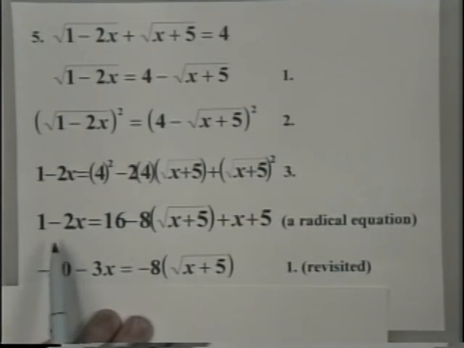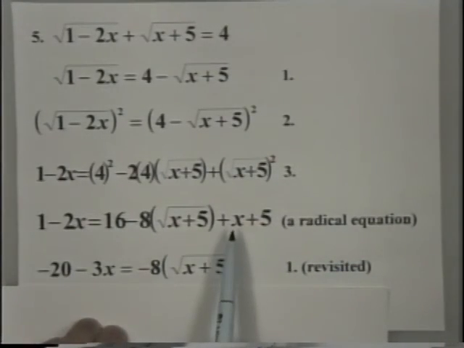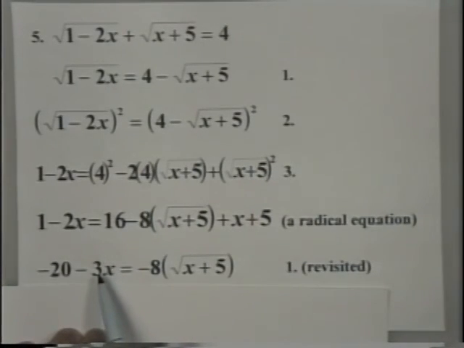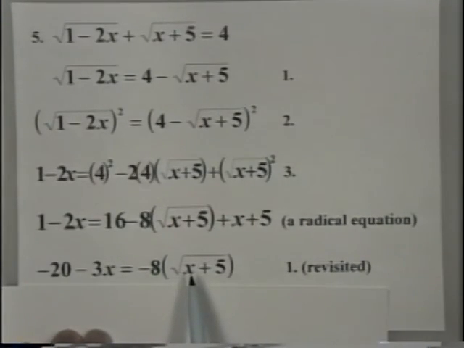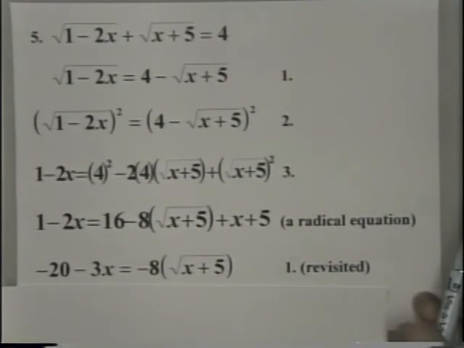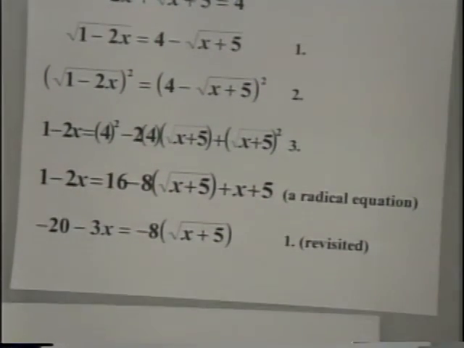So I moved everything else to the other side. I subtracted x from both sides and got negative 3x. And I added these two together, which is 21, and subtracted that from both sides and got a negative 20. And so now I have the isolated radical, and we've got to do the same thing we did before.